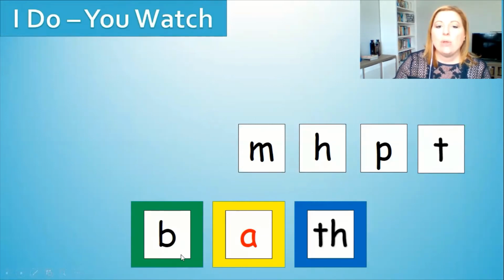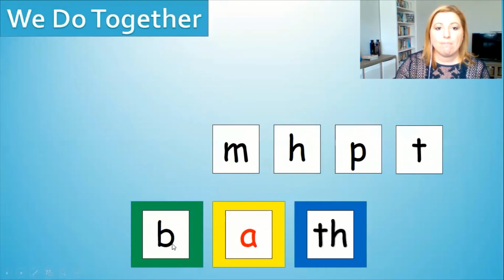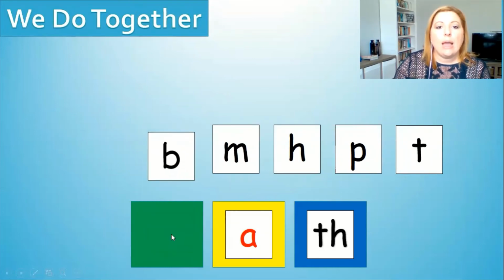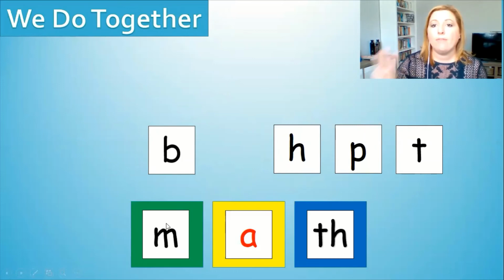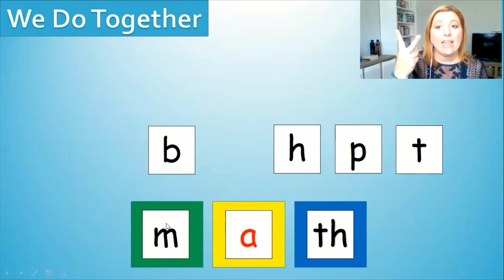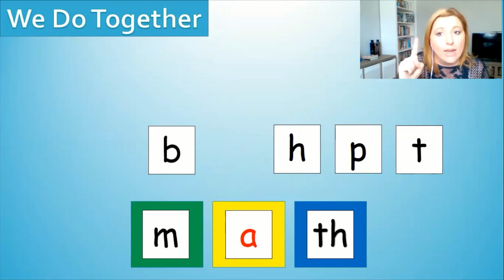Very good. So let's change bath. Let's take the first letter away. I'm going to take the B away and let's put an M in its place. So I have 4 letters on my screen, but I'm going to have 3 sounds because the letters T and H together make one sound, right?